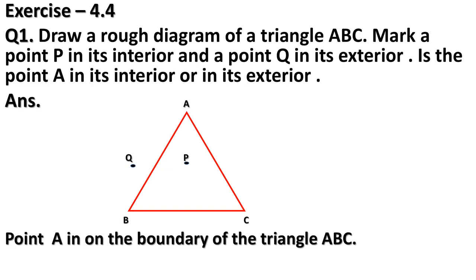Okay, P in the interior, Q in the exterior, and A. Now you have to tell point A is in its interior or in its exterior. Now see point A, it is the vertex of the triangle. Okay, so it is neither in interior nor in the exterior, it is on the boundary of the triangle. It is on the boundary of triangle ABC.